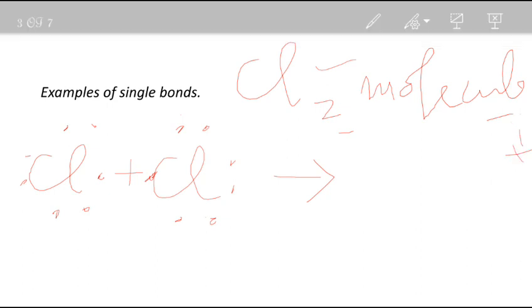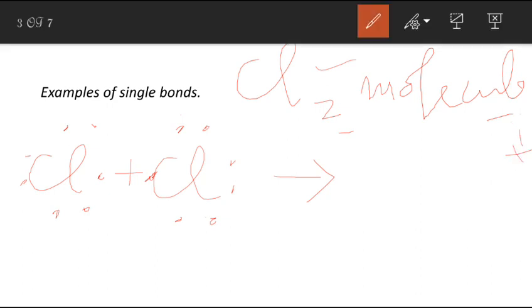In this way, these dots represent the valence electrons in the chlorine atom. These two electrons will be formed in this manner, first and second. So this is the mutual sharing.